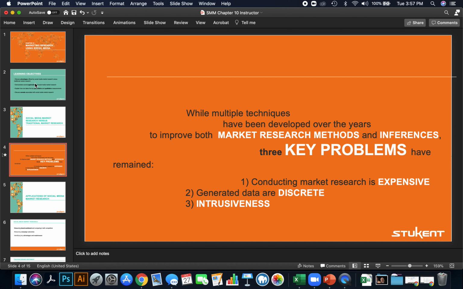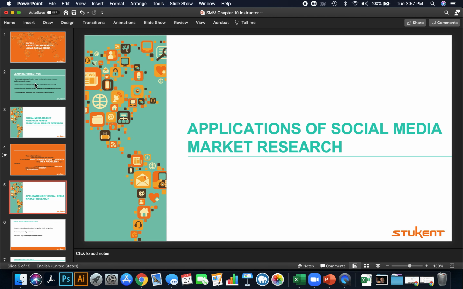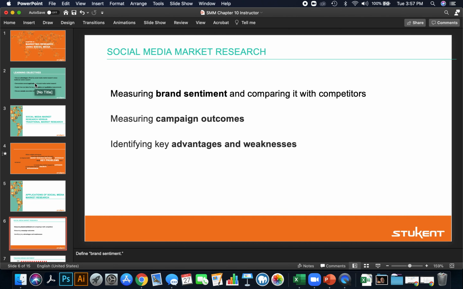It's gotten quite expensive out there. Generated data is often discrete and intrusive. So generating data is very, very difficult and very expensive. That's what makes social media so attractive, because it's free to a certain point.